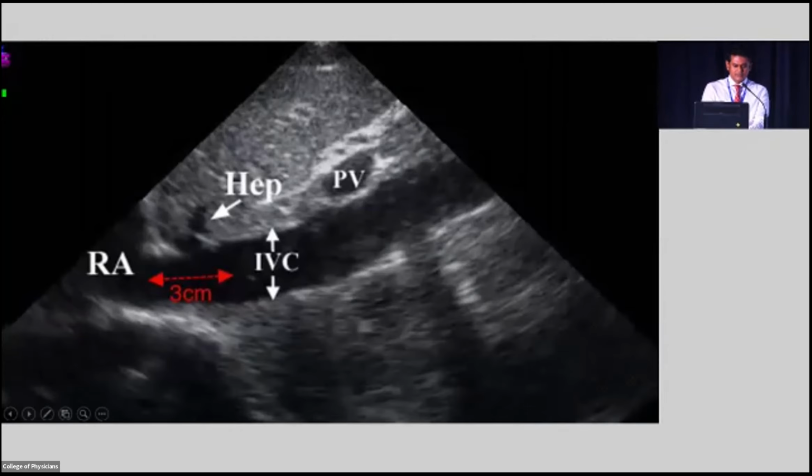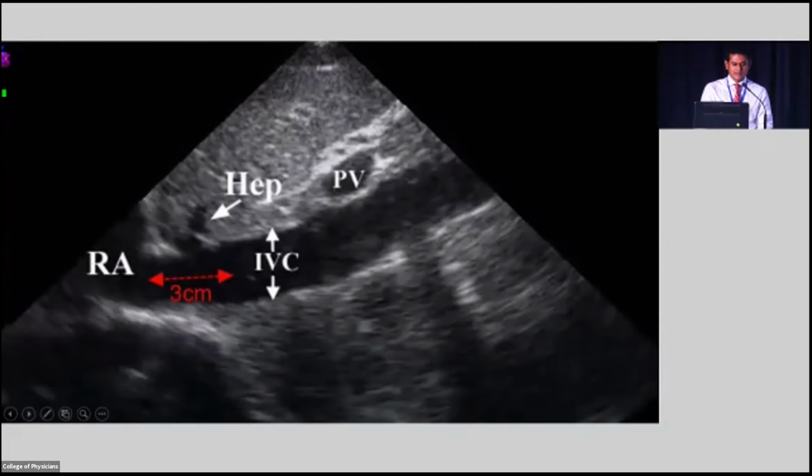As I told you, you see the right atrium and the IVC, and you see the hepatic veins. Now there are various studies done assessing the IVC diameter and the collapsibility, but there are differences in the methodology, so they have taken the diameter at different levels.